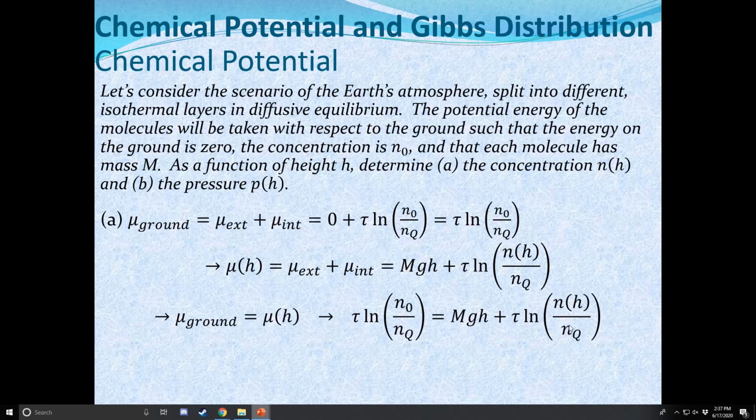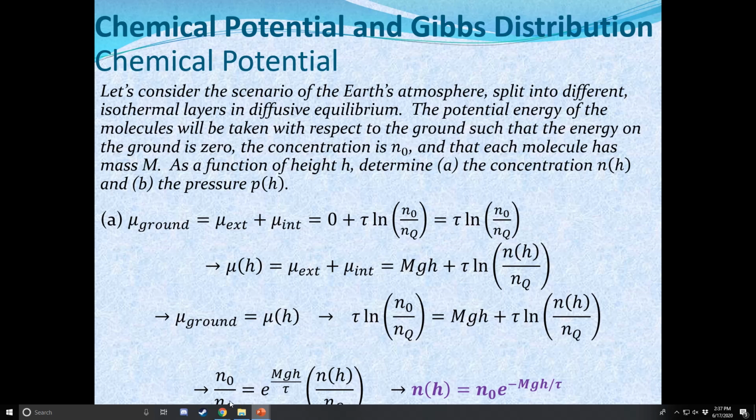And start solving this. The good thing is that when we move it over here, because these are two ln terms, we can combine their internal parts together into one ln term. And that would also actually get rid of the nQ term. I know it's a little hard to see, but this should end up being N0 divided by, actually, I can't really read that.